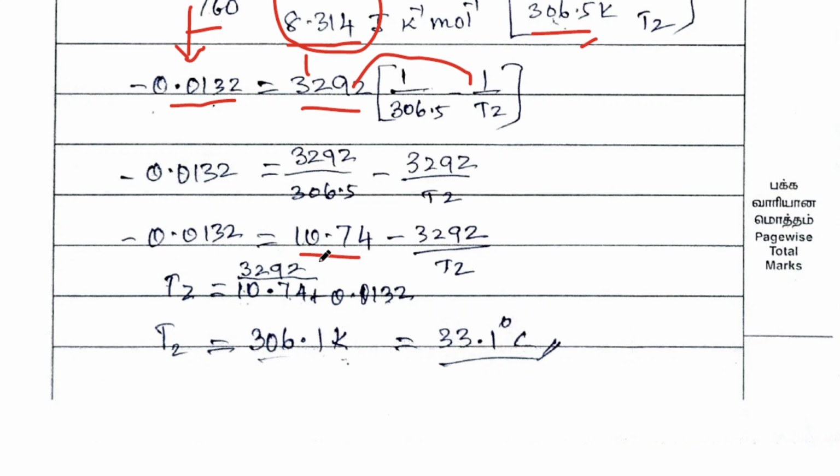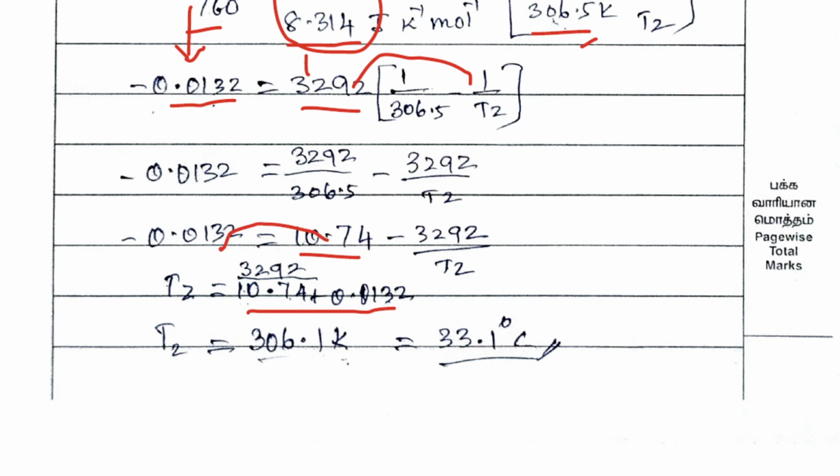I am rearranging this equation to get T2. Here T2 is in the denominator, and when it moves to the other side it becomes plus, so we get 10.74 plus 0.0132.